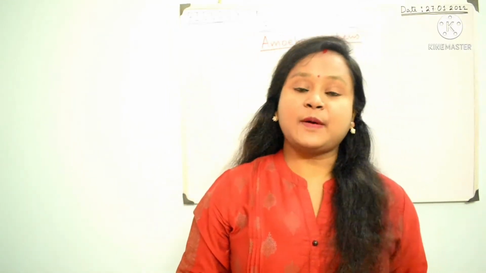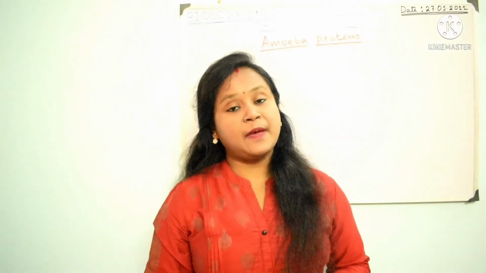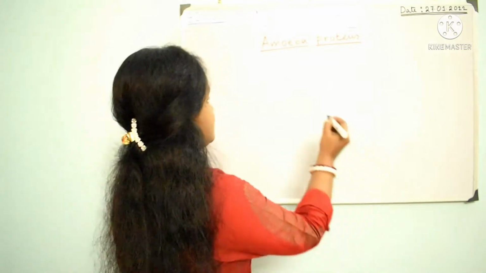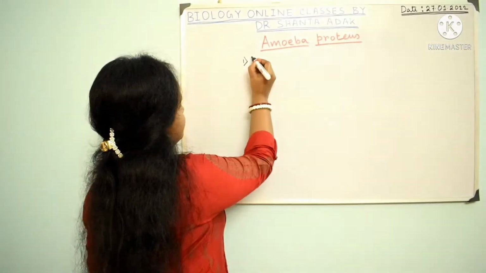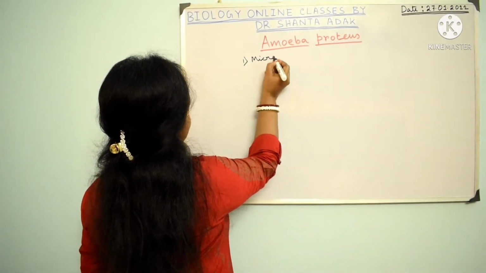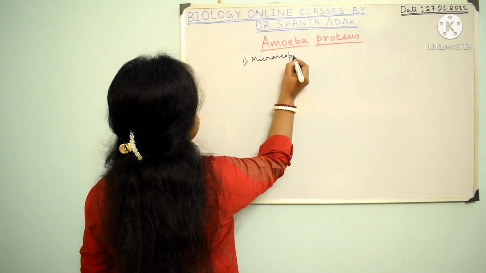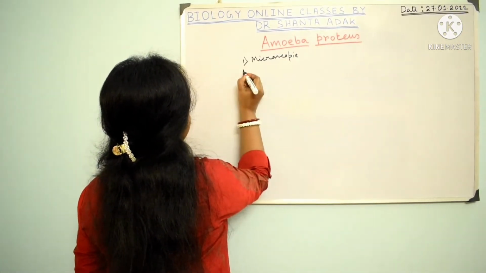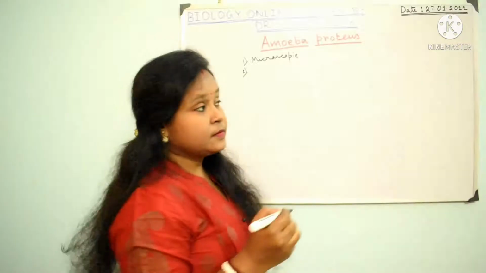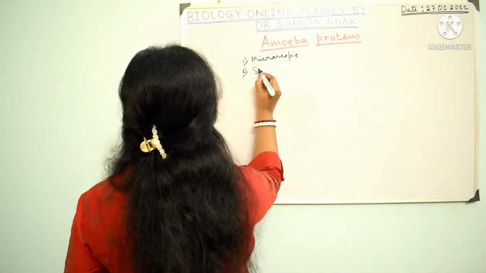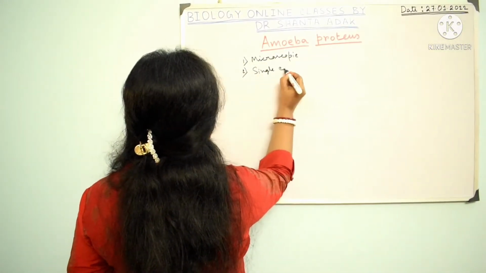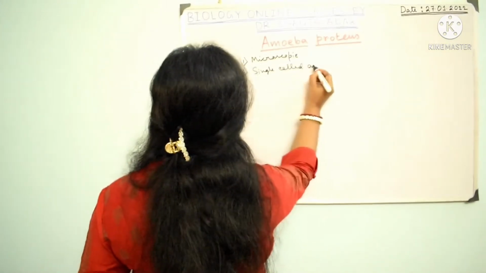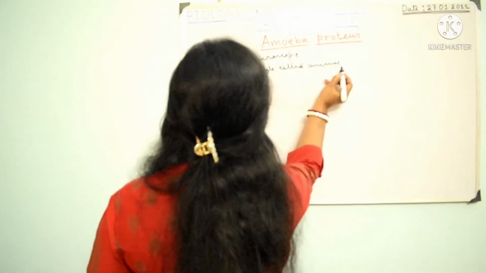Now let's discuss the general structure of amoeba proteus. As all of you know, amoeba is a microscopic animal, so the first point: it is microscopic. Second point: it is a single-celled animal.